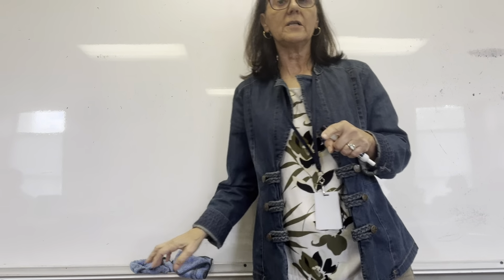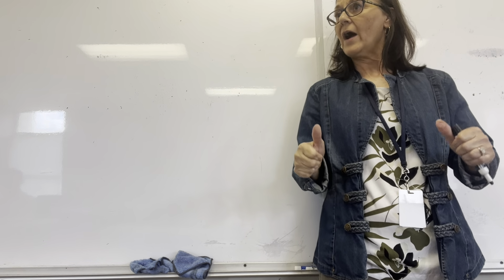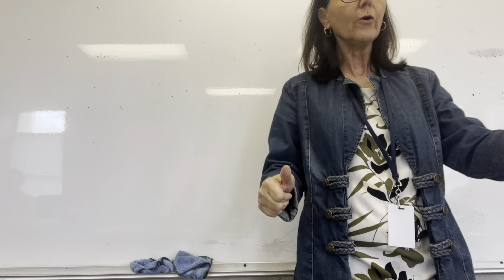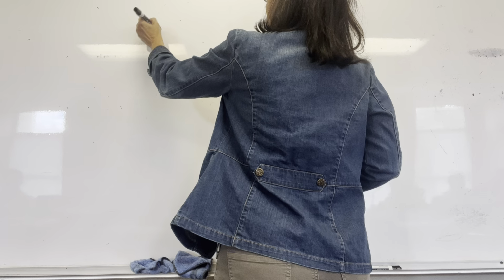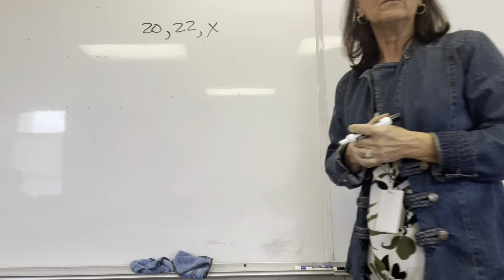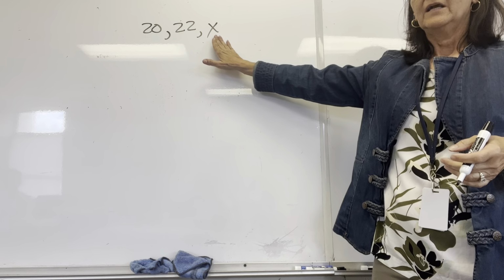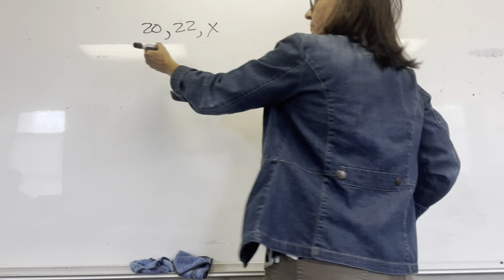This lesson talked about the sum of any two sides of a triangle has to be greater than the third in order for that shape to be a triangle. So if I had 20 and 22, could we figure out the possibilities for that? Okay, what are the 3 inequalities that I'm going to write?